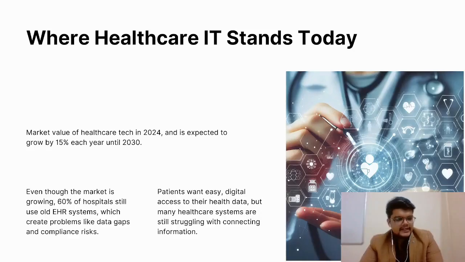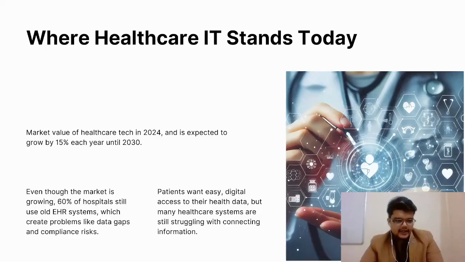So HL7 FHIR standards allow us to connect both of these different devices or systems, build a bridge between different healthcare operations systems, and allow them to communicate with each other. I'll give you a couple of examples as we move forward.